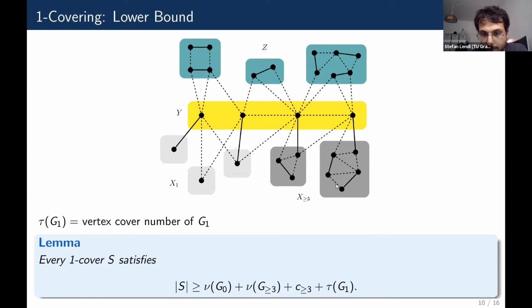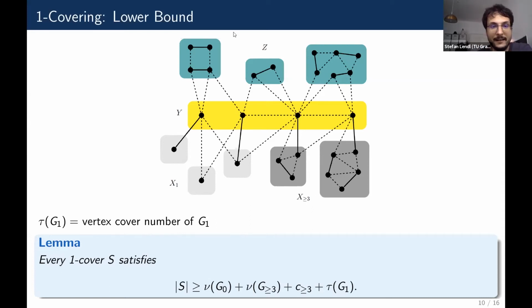So here you have for every edge here a point, basically, plus one additional point for every factor critical graph. And then in our bipartite graph, we need vertex cover number many points in addition to cover it.